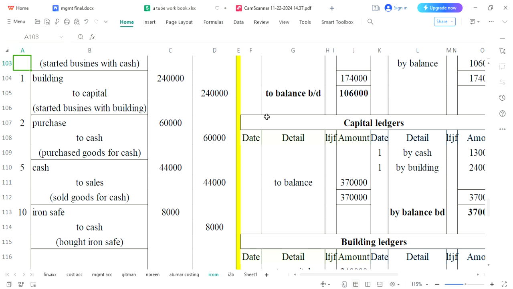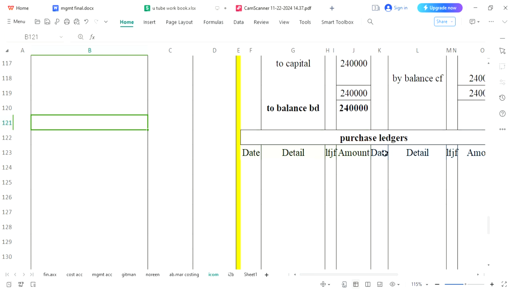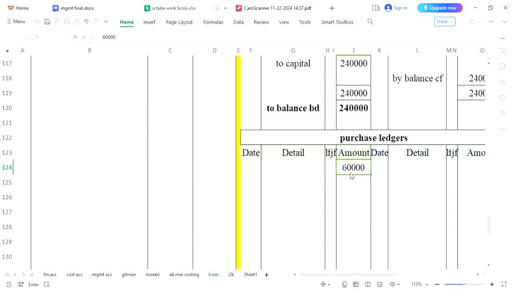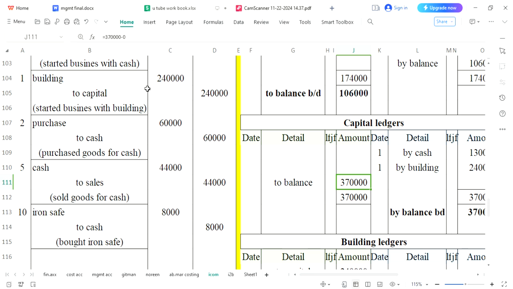Entry number 1, purchase is not present, skip it. Entry number 2, yes, purchase is present on the debit side, 60,000. So here you are going to write 60,000 on the debit side. This was your purchase. For reference, what will you do? You will choose the opposite side. What is written on the opposite side?